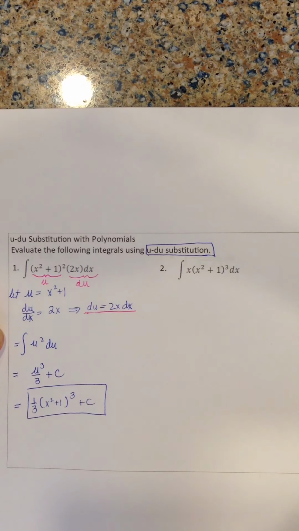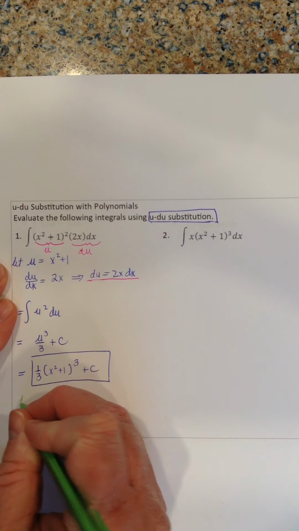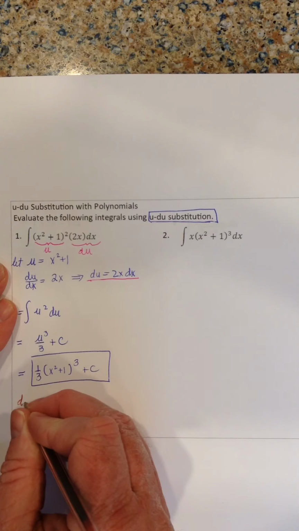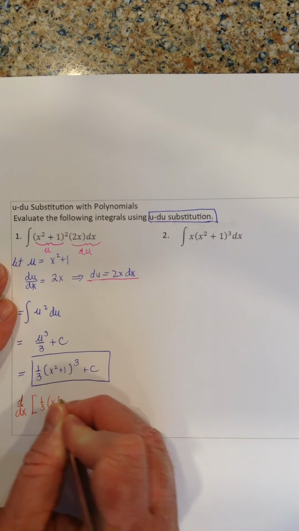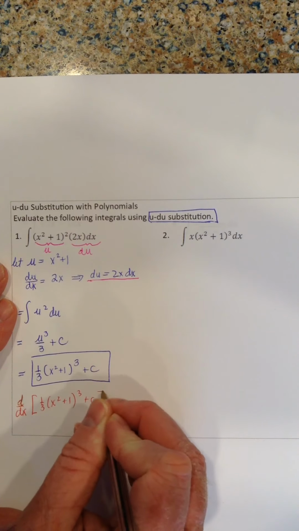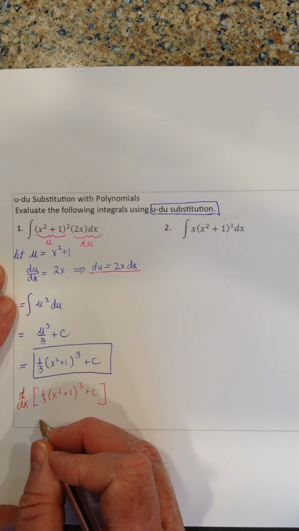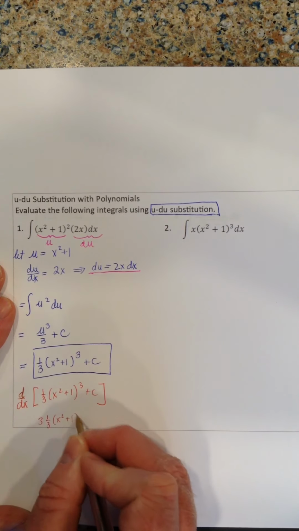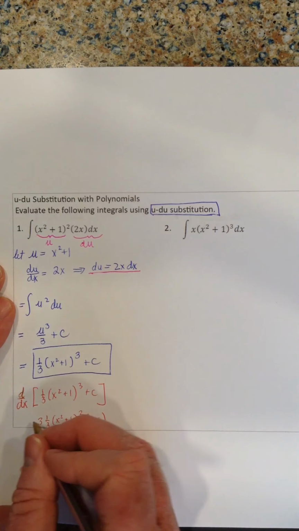Now if you wanted to check that, we could take the derivative of that. So let's try a color that will be visible on screen. If I took the derivative with respect to x of 1/3 (x squared plus 1) cubed plus c, well, the 3 will go to the front by the power rule, so I get 3 times 1/3 (x squared plus 1) squared times the derivative inside, 2x, and the derivative of c will be 0.